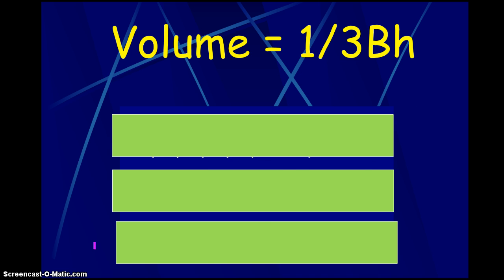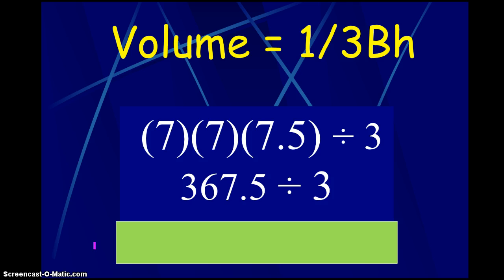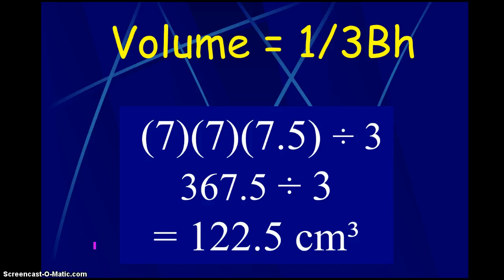Then we'll take a third of that. So that's 7 times 7, or 49, times 7.5. 367 and 5/10. Take that product, divide it by 3. We have a total volume of 122 and 5/10 centimeters cubed.